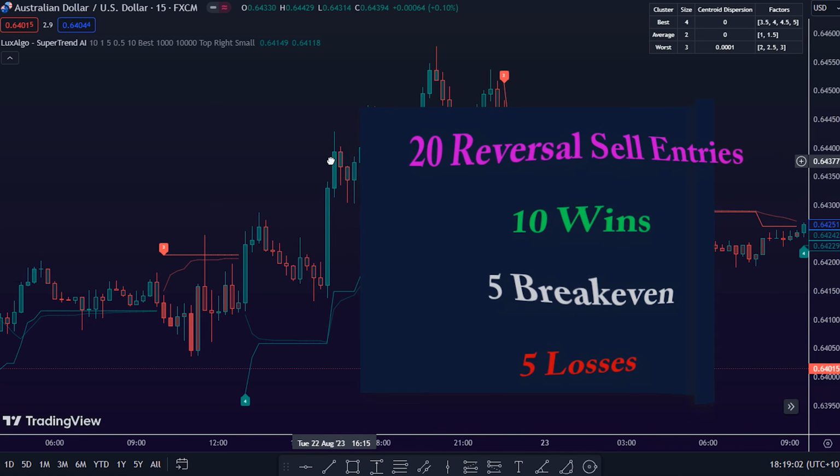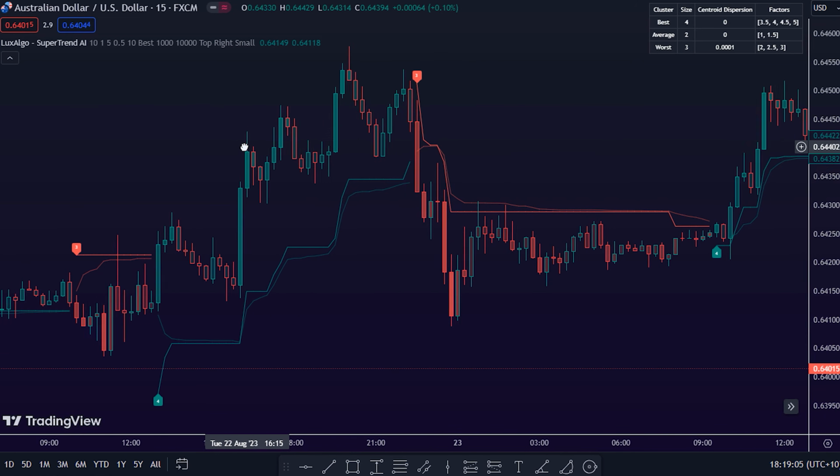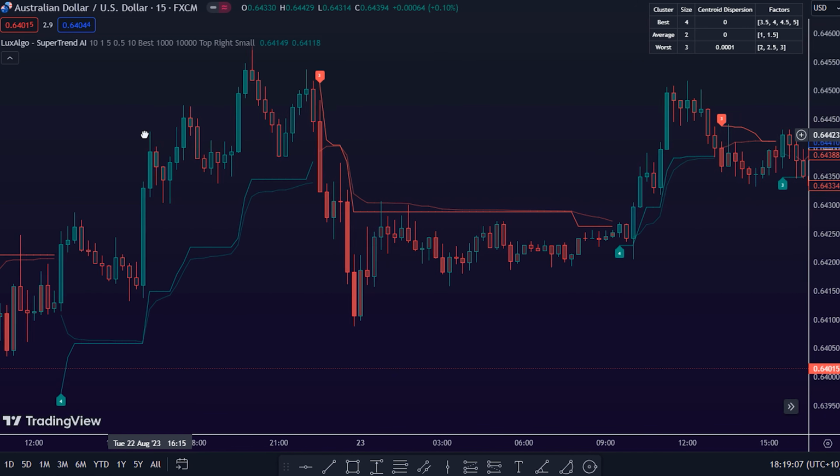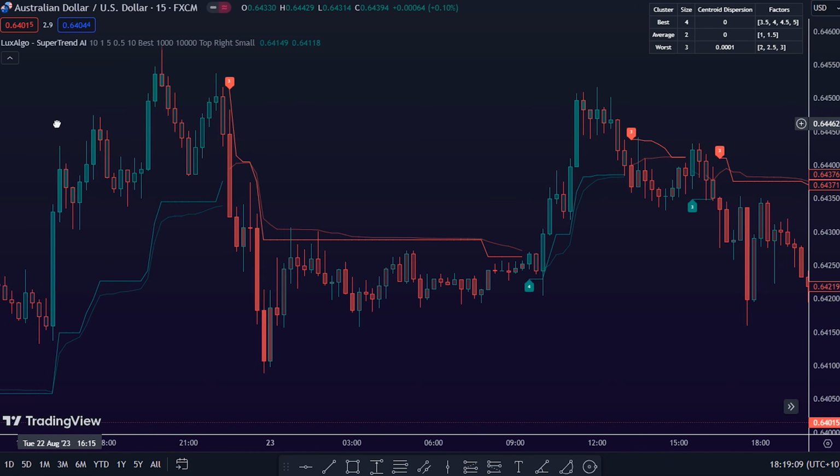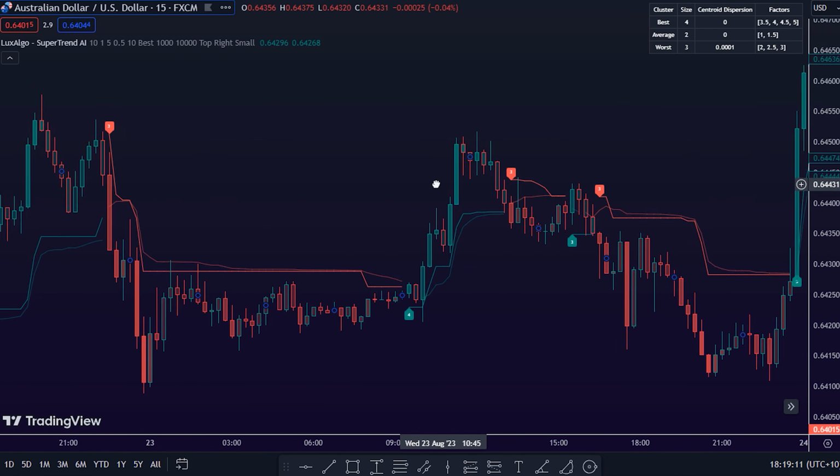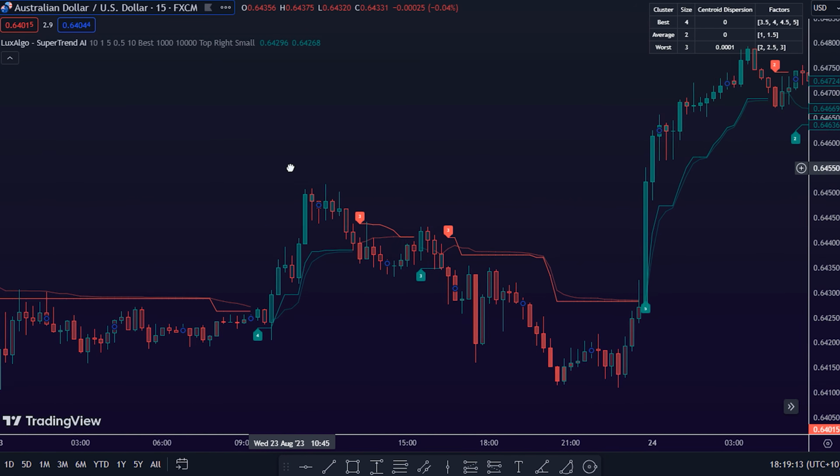Time to trade the reversal of a bearish trend to an uptrend with the SuperTrend AI Clustering Indicator. Going for 20 reversal long positions for the reversal of a bearish trend to an uptrend.